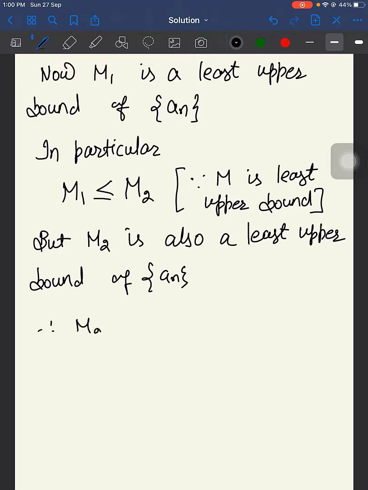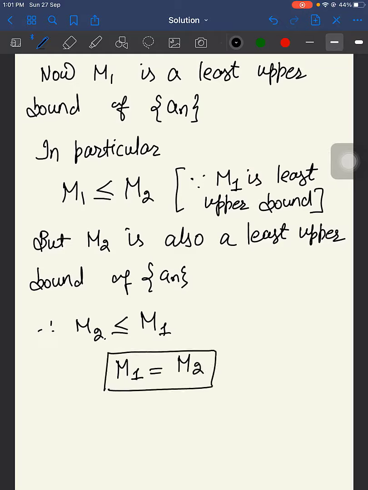So therefore M2 is also less than or equal to M1. So both are least upper bounds, which means both are less than or equal to each other, which cannot happen until we say M1 has to be equal to M2.